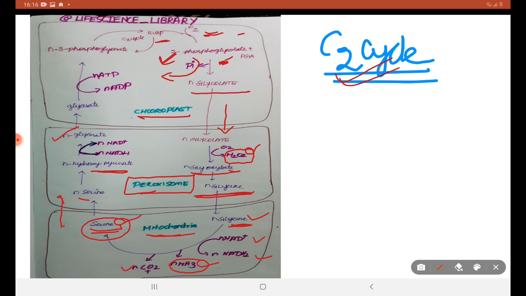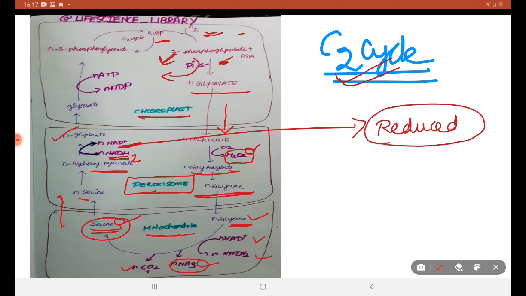Here NADH2 is oxidized to NAD+, and it forms glycerate. Glycerate is converted into 3-phosphoglycerate. Here ATP is consumed.